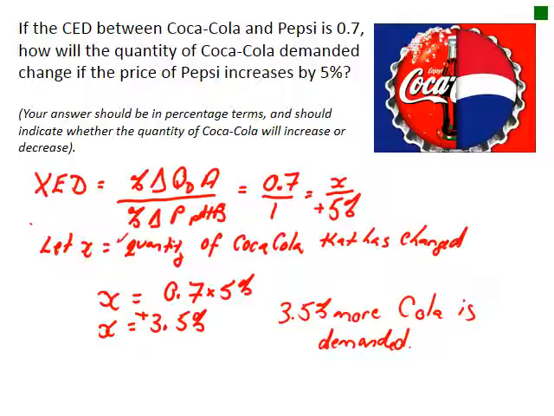We have X equals 0.7 times 5%. So X equals 3.5%. Okay, 0.7 times 5. Let's just make sure no mistakes have been made. 3.5. So, and this, let me see, just to check.